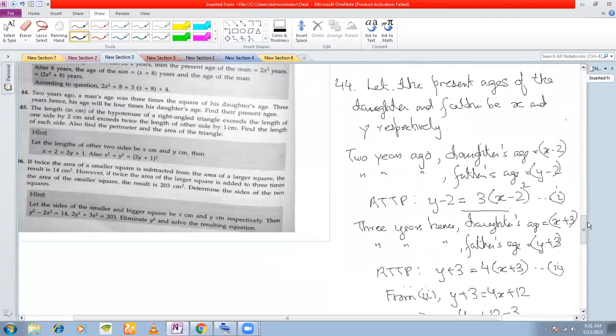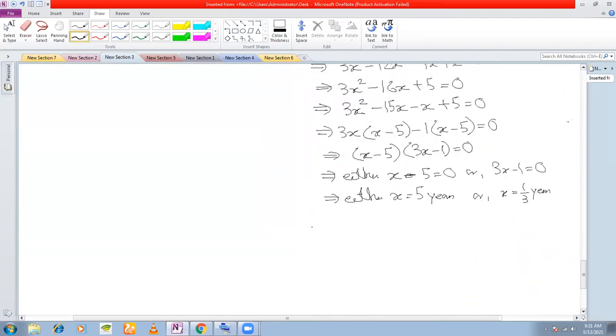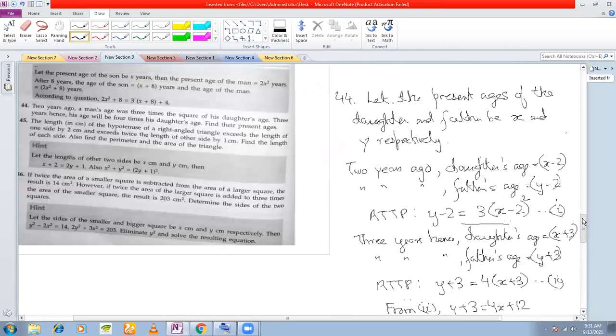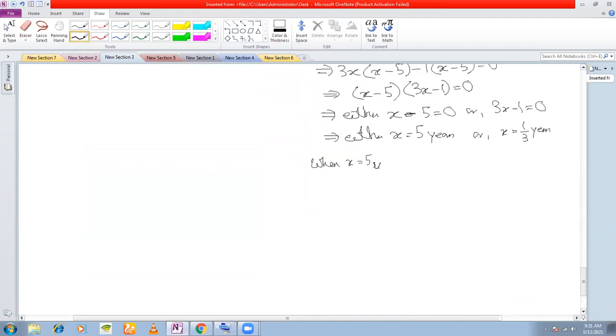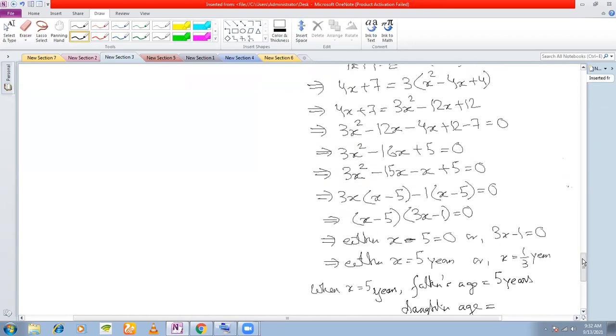It depends on the question. Find their present ages. So when x is equal to 5, that means, what had we taken? We had taken the father's age to be x. So when father's age is 5 years, okay, daughter's age is equal to, what is the daughter's age?